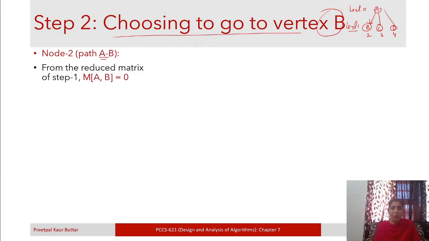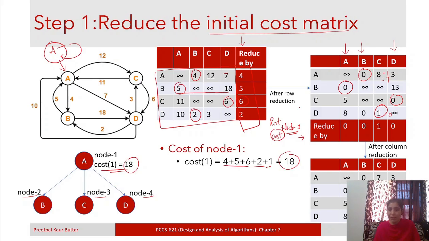From the previous step, we reduced the initial cost matrix, right? So the reduced matrix of step 1 we will denote M. So what is in the matrix at A comma B? A comma B is 0.